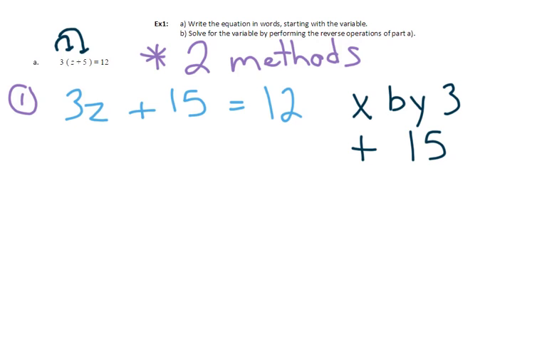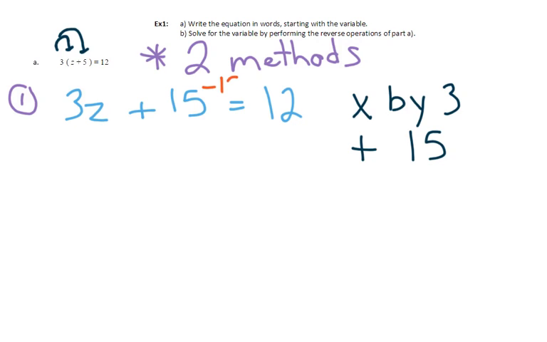Okay, so now we're going to work in the reverse order. If we want to unwrap z here, we want to work in the reverse order that we did here. So we're going to start with adding 15. So how would I undo this 15 here? Well, we know that the opposite of addition is subtraction. So we will subtract 15 from the left side of the equation, and what we do to one side we must do to the other, so I'll subtract 15 over here as well.